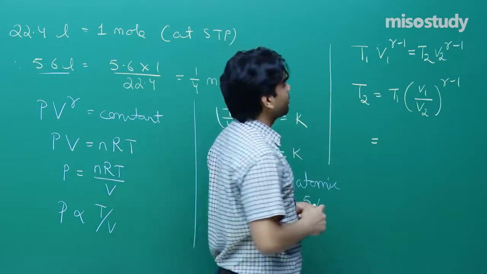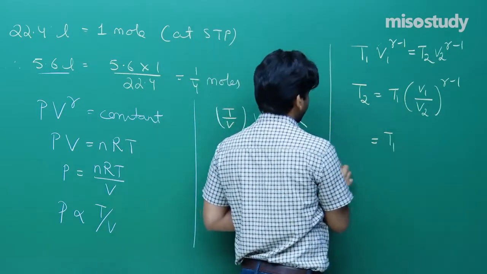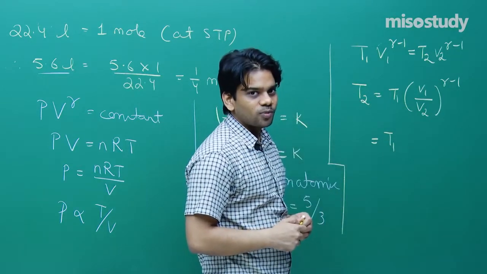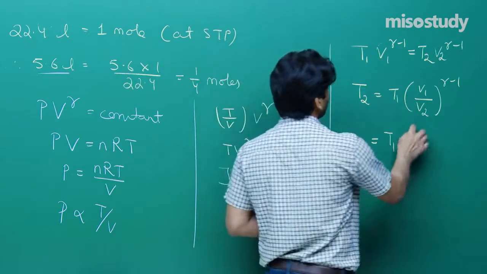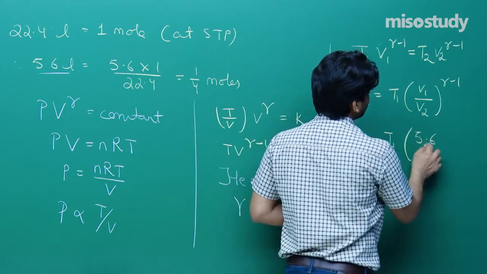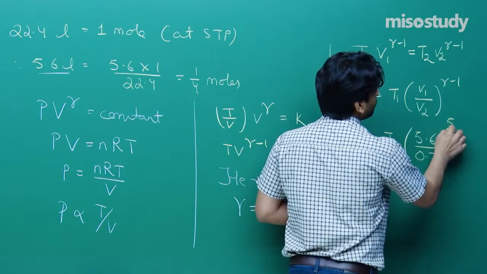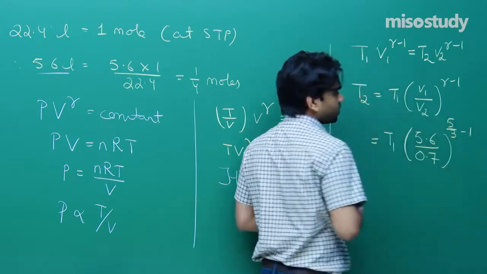In terms of T1 we can find the value of T2, the final temperature it has attained, where V1 is the initial volume and V2 is the final volume. That will turn out to be 5.6 divided by 0.7, to the power 5 by 3 minus 1.